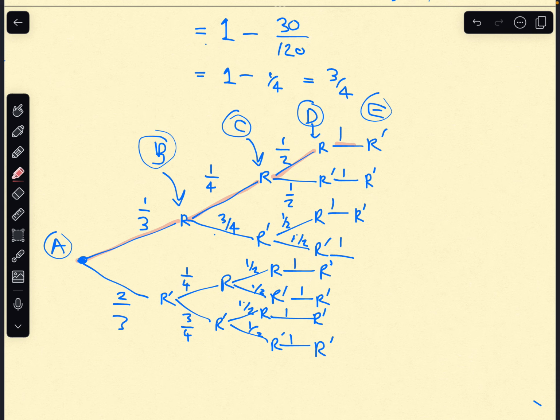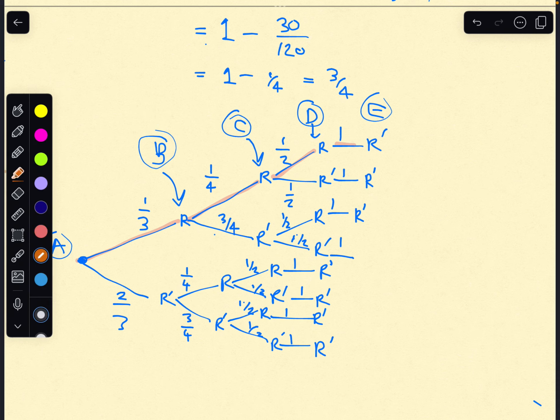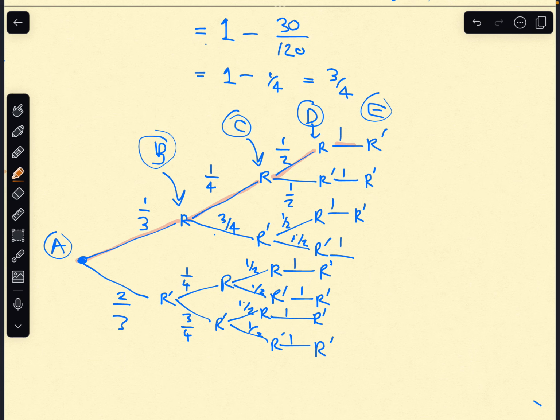So that would be one option. Another option would be no roadblock, no roadblock, and then I hit a roadblock here, and then no roadblock. So that's another example.